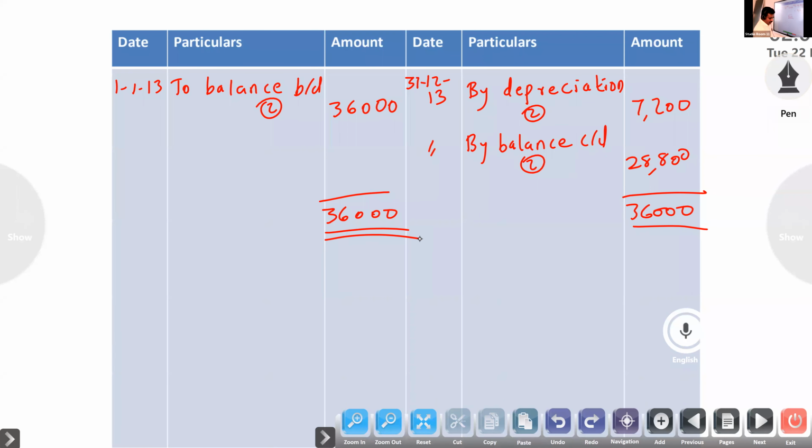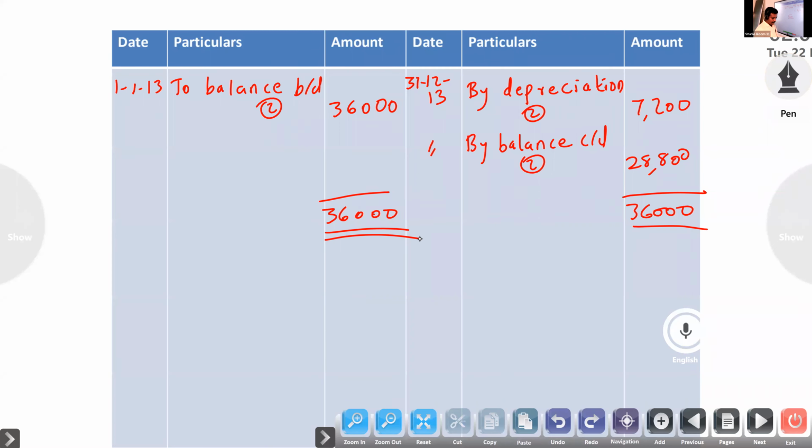Okay. Now fifth question. A company purchased on 1st April 2012 a machinery for rupees 36,000, 4,000 installation. So total 40,000. On 1st October in the same year we purchased another machinery. On 1st October 2014, the machinery bought on 1st April 2012, means the first one, we sold for rupees 12,000.